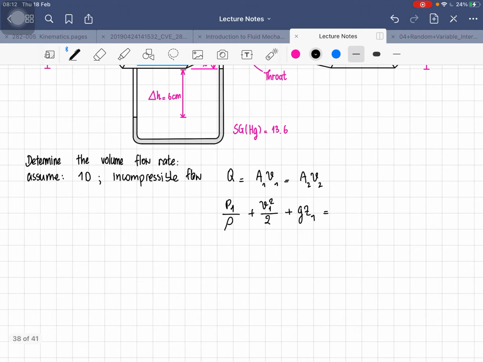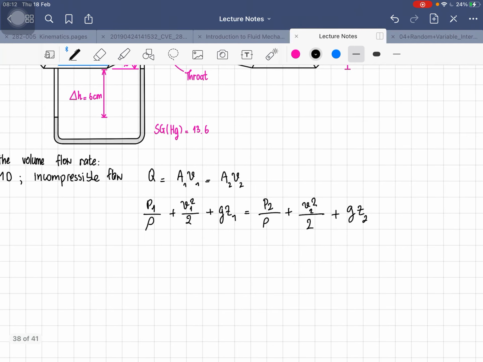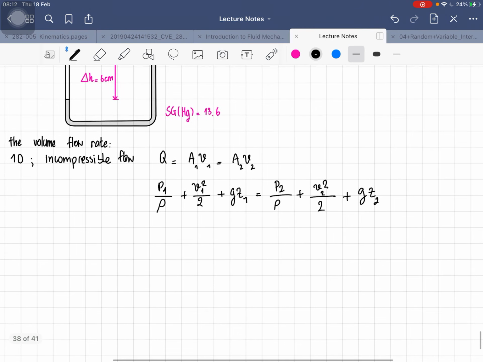And then we have the other side of the equation, which is pressure 2 over density plus velocity 2 squared over 2, and we add g z2, again the length measured from the center line. Now we have all the equations that we want.